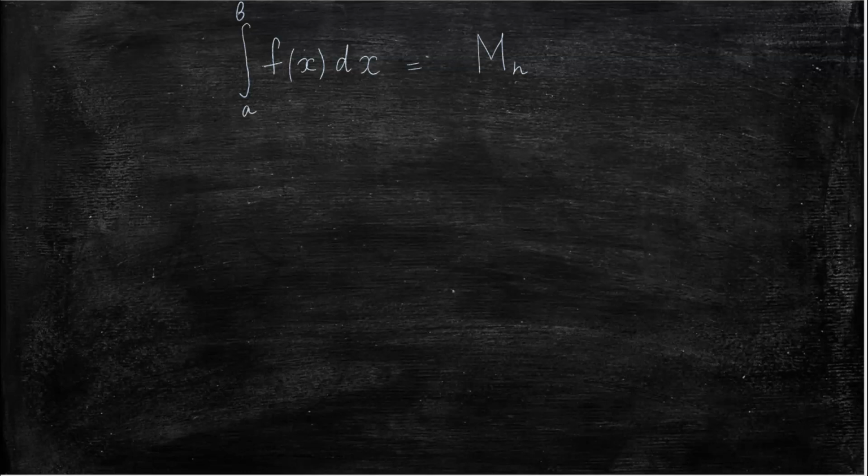And we're going to be using this notation, in which M refers to the method, so M means midpoint, and N refers to the number of, I want to say rectangles, but it's better to say intervals here because it will not always be rectangles.